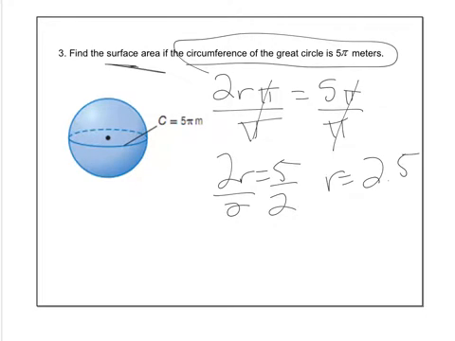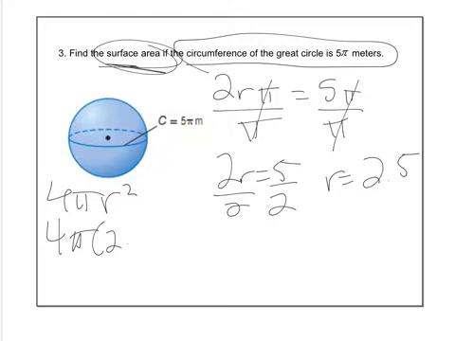Now I go back to figure out the surface area: 4 pi r squared, so 4 times pi times 2.5 squared. That's going to be 25 pi meters squared, and that's exact.